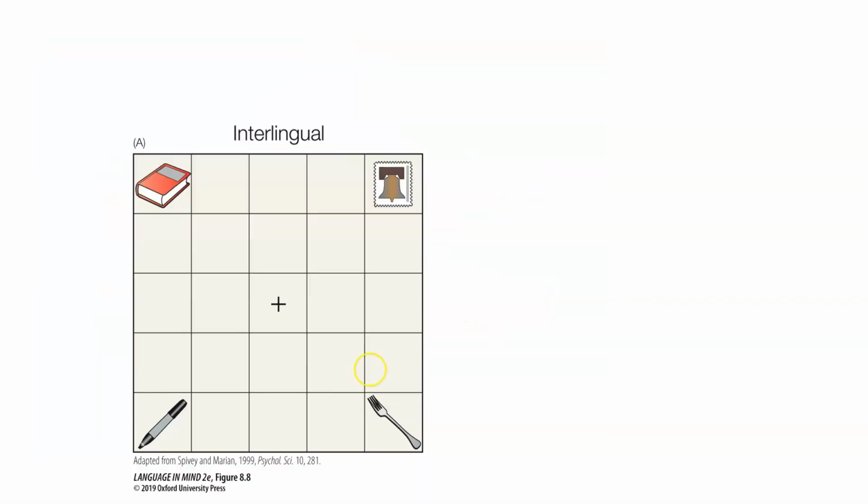In one study, researchers had participants stare at a cross in the middle of the screen, and then they would show four images in the corners of the grid, and they would tell the participants to look for the marker. If they were giving the instructions and the task in an alternate language, Russian, then they would say look for the marka, because in Russian the word stamp is marka.